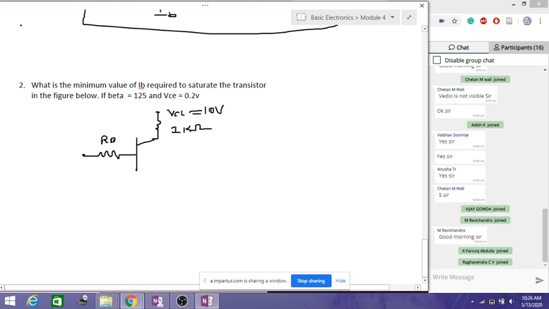So this is an NPN transistor. Now what is given here? What is the minimum value of IB required to saturate the transistor in the figure below, if beta is equal to 125 and VCE is equal to 0.2 volts.